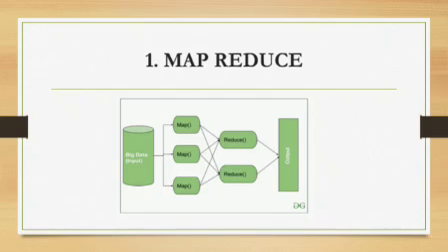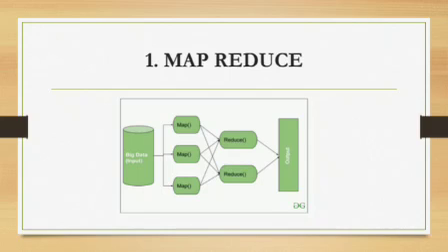Okay, so here we can see that the input is provided to the map function, then the output is used as an input to the reduce function, and after that we receive our final output. Let's understand what the map function and reduce function do. As we can see, an input is provided to the map function. Now as we are using big data, the input is a set of data.